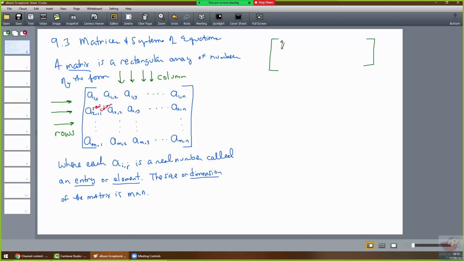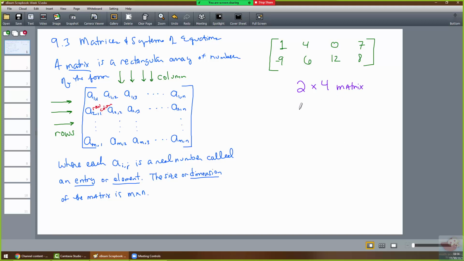So I'm just making this matrix up. 1, 4, 0, 7, negative 9, 6, 12, 8. How many rows does this matrix have? 2. Good. How many columns does it have? 4. Good. So we would call this a 2 by 4 matrix.